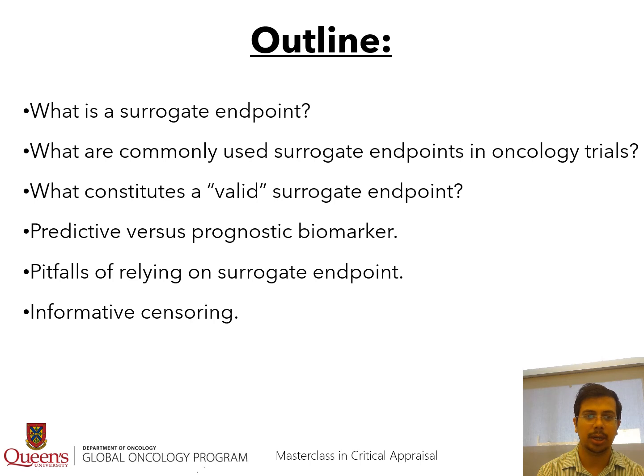This lecture will not be an exhaustive lecture on everything related to surrogate endpoints, but just a primer on key topics that you need to know while reading about surrogate endpoints or reading cancer drug trials that have used surrogate endpoints.